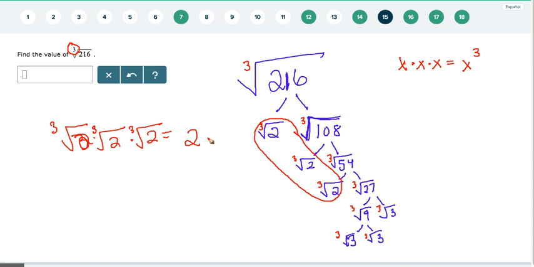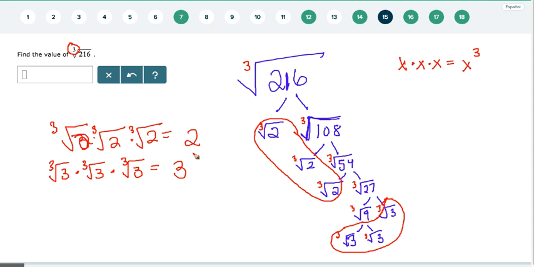When you cube root a cubed number, they undo each other. Then I have a set of 3s, cube root of 3 times cube root of 3 times cube root of 3 actually equals 3. So what I have is 2 times 3 equals 6.